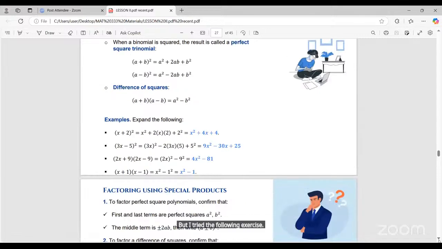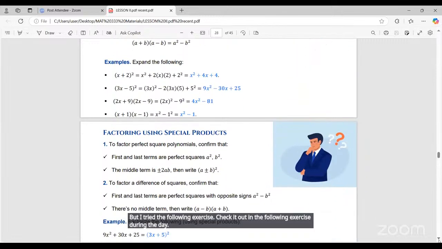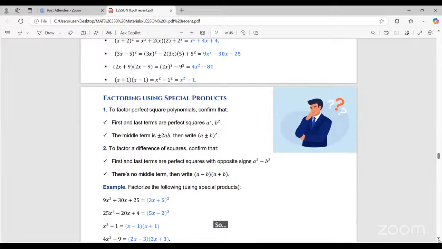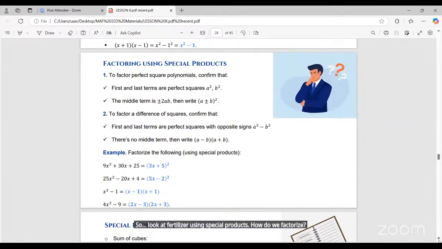We can try the following exercise, given there. So we'll look at factorizing using special products. How do we factorize using special products? The first step is to factor perfect square polynomials. Confirm that the first and last terms are perfect squares and the middle term is plus or minus 2ab.